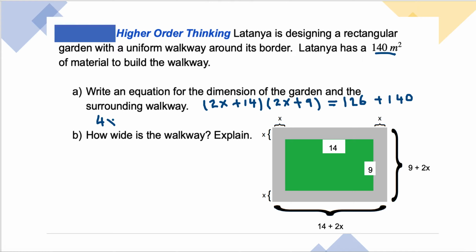Because I don't want to spend a lot of time calculating elementary things, I'm giving you the answer when we multiply this binomial with this binomial and rearrange a little bit: we come back to 4x squared plus 46x plus 126, which is equal to 126 plus 140, 266.